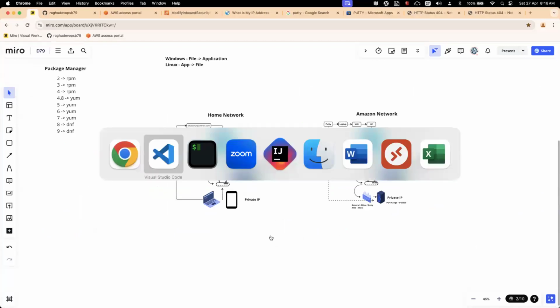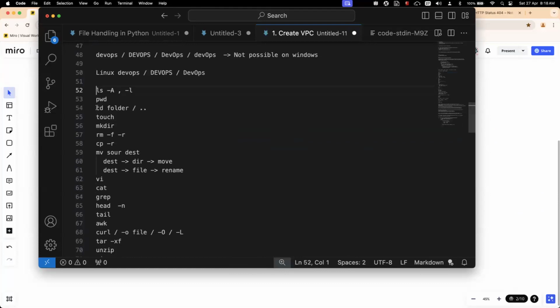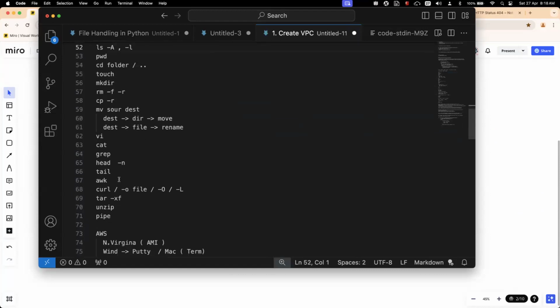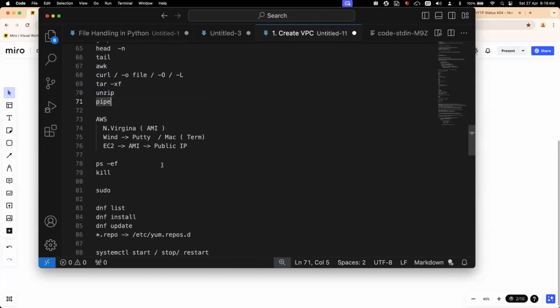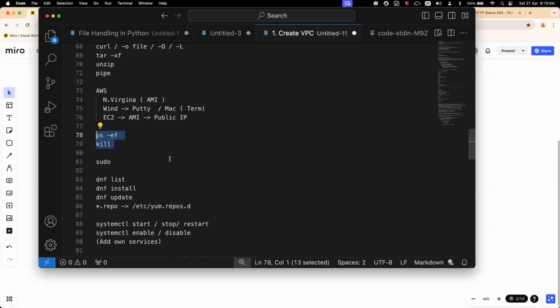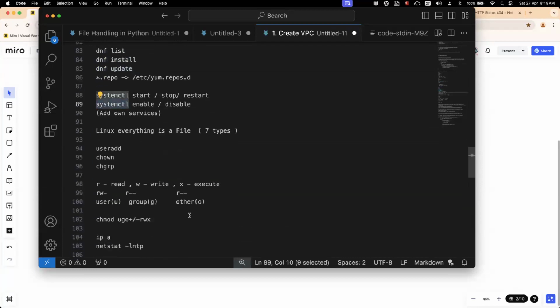Now let's iterate what all we have learned in Linux. These are the commands you started learning. ls is the command we started with, pwd, cd, touch, mkdir, rm, cp, mv, editors, filter commands, curl to browse and download, commands to extract things, pipes as a concept, started with AWS creating the servers, and the ps and kill commands. Now, for administrator access, sudo, and dnf to install packages, systemctl to manage services, useradd to add users, and chown, chgrp and chmod to change permissions and ownership.